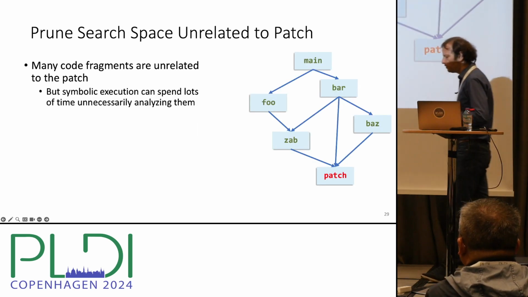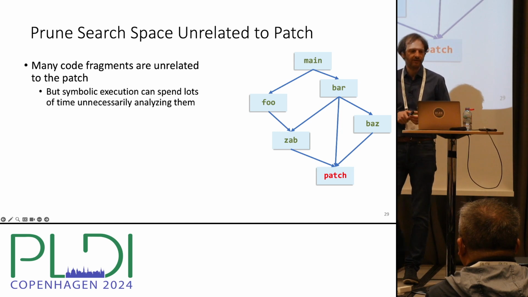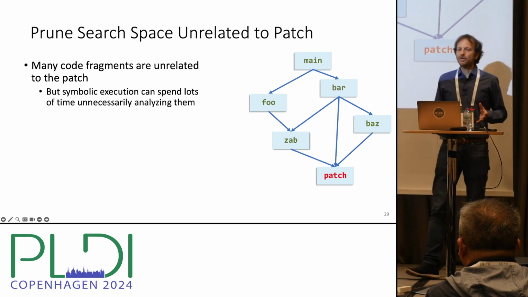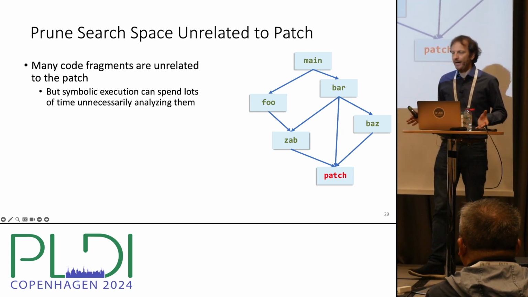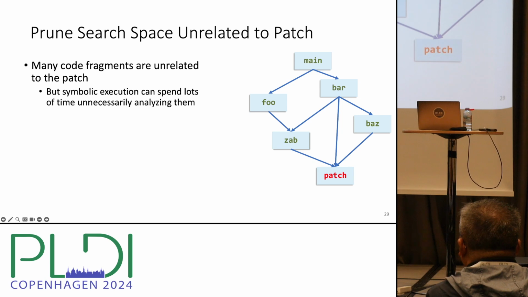So let me show you one technique for targeted exploration that we have developed. We're trying to prune the search space unrelated to the patch. Suppose that you have this call graph, and our patch is here at the bottom.